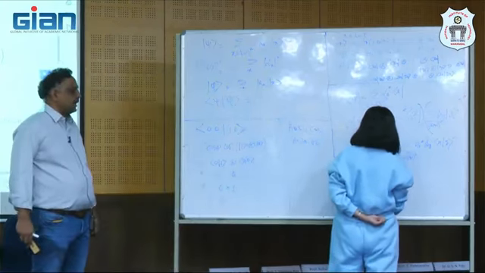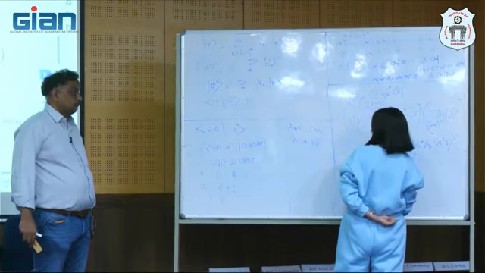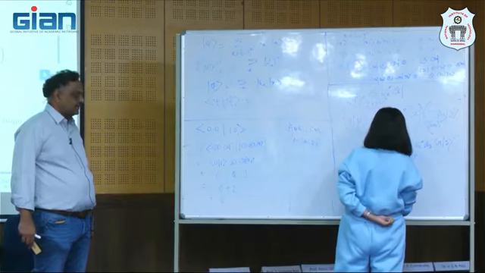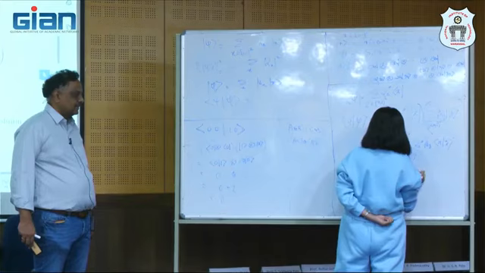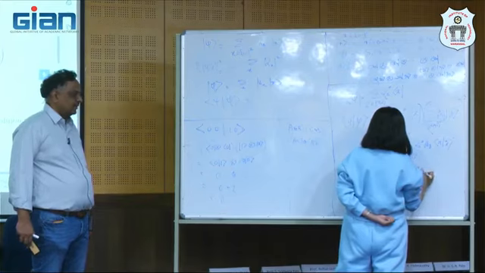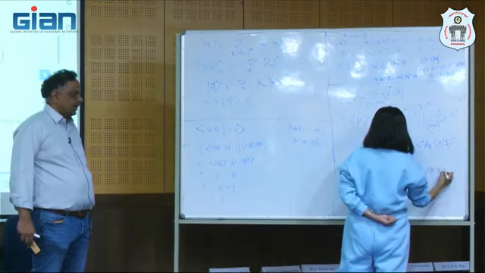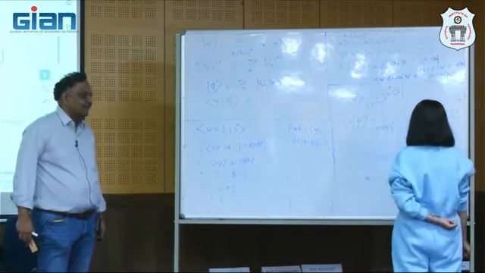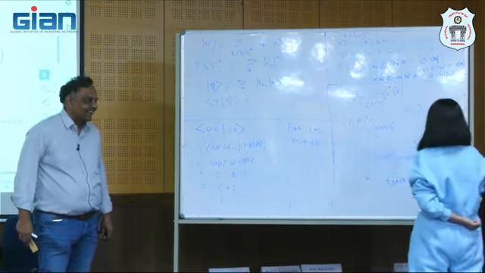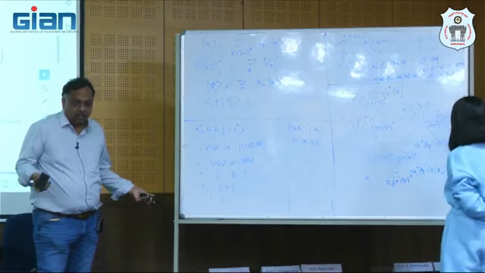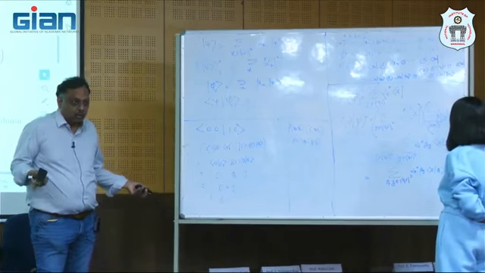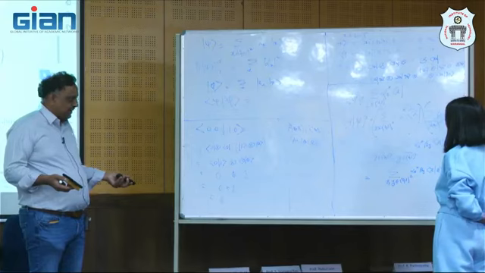There are two summations, right? Okay, but now can you further simplify? See, if x and y are different, it's 0.